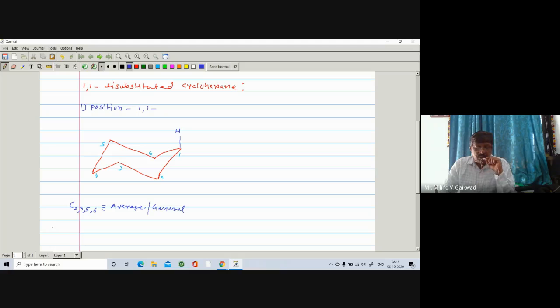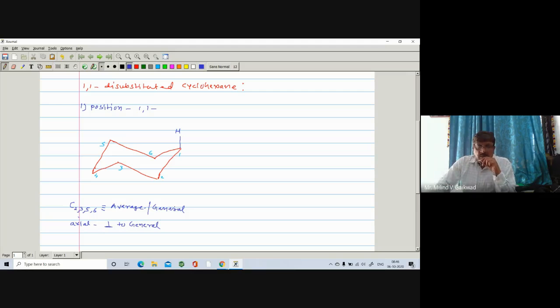So here you have seen that the axial bonds are the bonds which are perpendicular to the general plane, right?